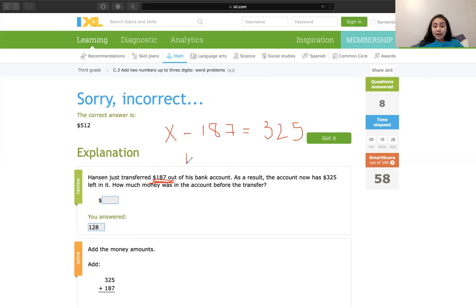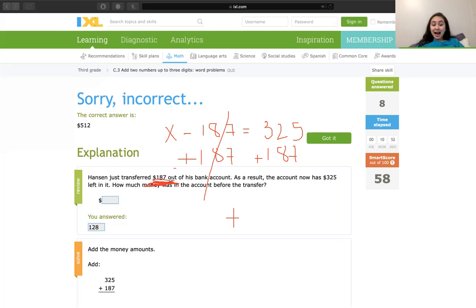So what we do is we add 187 on both sides to make the 0. So we do the opposite of what I did. You transferred out. I thought it said transferred to the account, which is very different. If you transfer to an account, it's an addition.